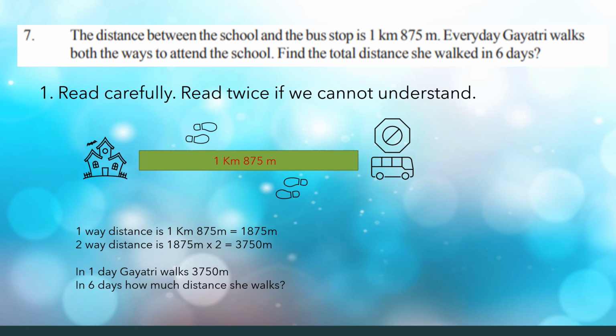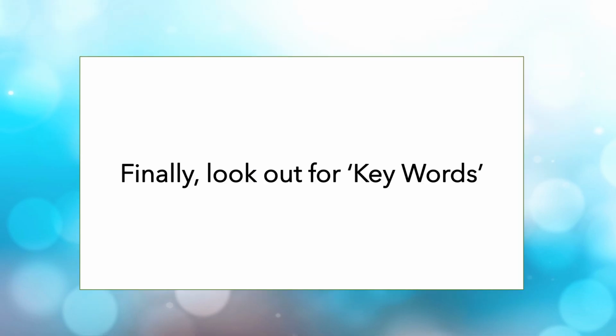Then what is the distance when she goes both ways? It is 1875 multiplied by 2, which is 3750 meters. Now that is the distance Gayatri walks in one day. In 6 days, how much distance will she walk? Isn't it much easier now? Try drawing pictures when you are trying to solve word problems.